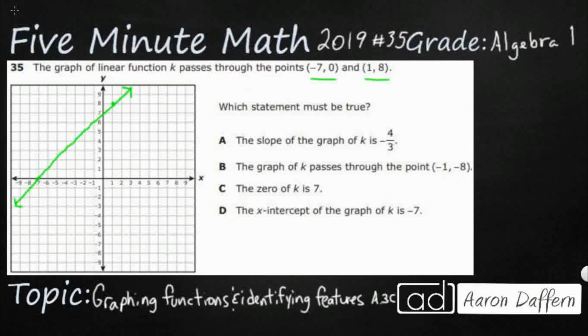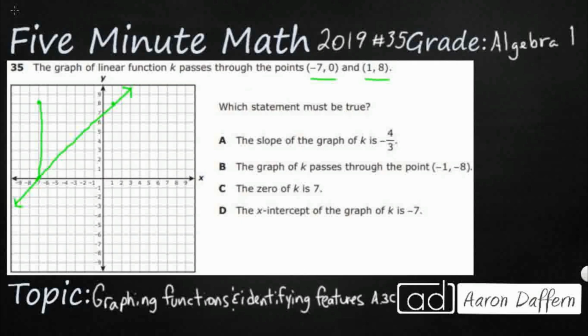All right, so the slope of the graph of k is -4/3. Well, I don't know what the slope is exactly. I mean, we can see that we went up 8 and over 8.